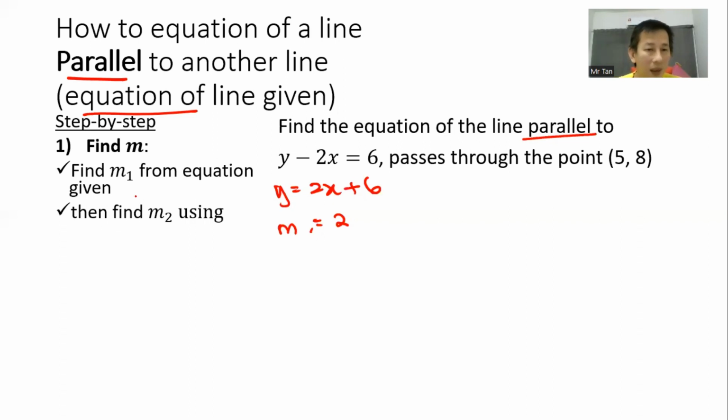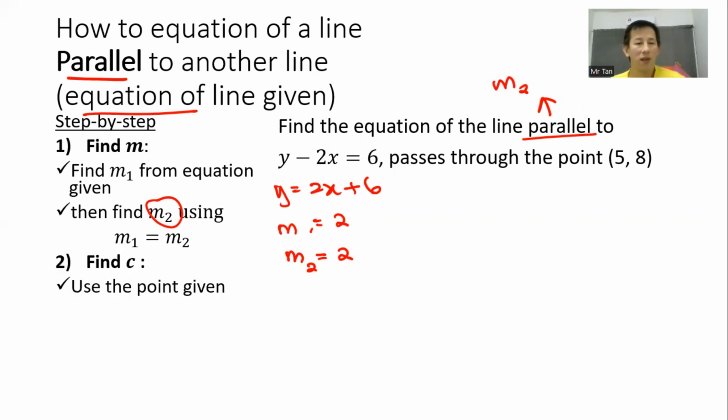To find m2, which is the gradient of the parallel line, your m2 is equal to 2, because m1 equals m2. And to find the c, we will use this point. This is only one point. So you have m equal to 2 and you use (5, 8).